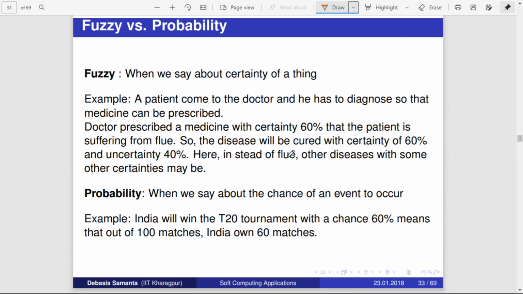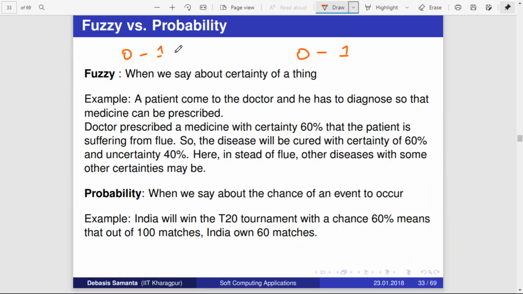Then let us try to understand the difference between fuzzy logic and probability. Fuzzy logic is not the same as probability. It is quite different from probability, but there is some similarity. Probability always takes values between 0 and 1, and fuzzy also always takes values between 0 and 1. But that doesn't mean that fuzzy logic is the same as probability. There is a lot of difference.